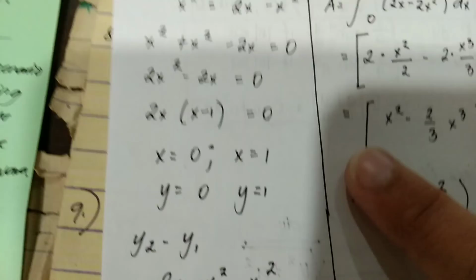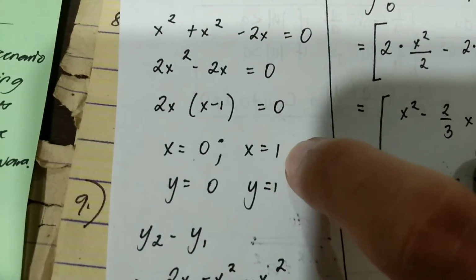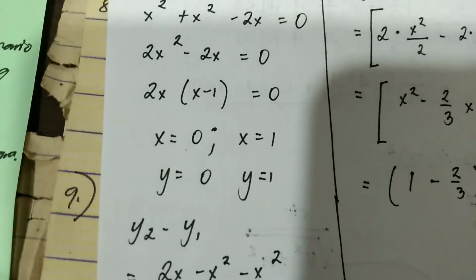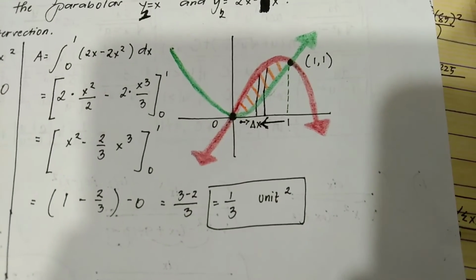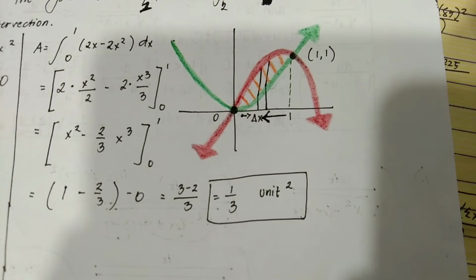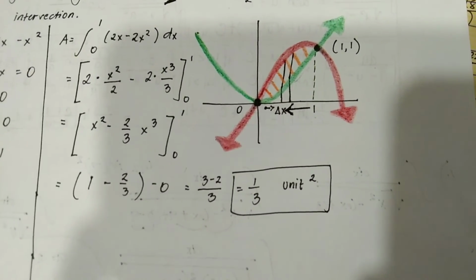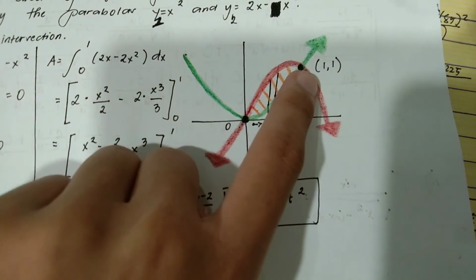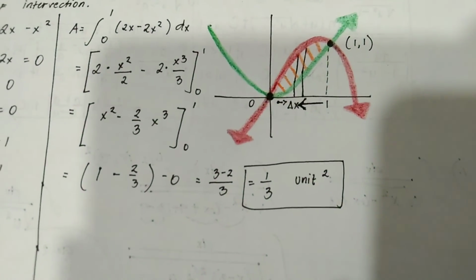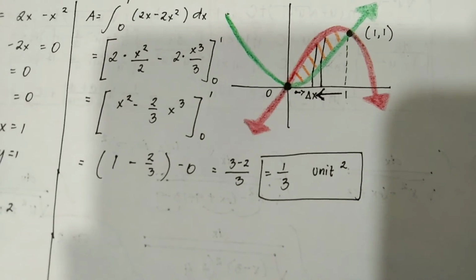If I put 0 right here, the value of y is 0. And if I put 1 right here, the value of y is equal to 1. So we get 2 points, and as expected, one of them is the origin and the other one is 1, 1. Now, to find the area, we need to subtract the area of the region between the two curves.